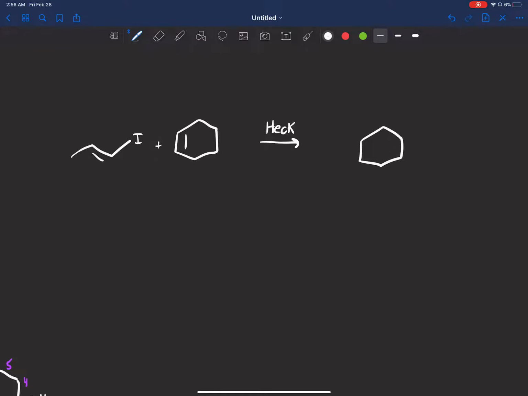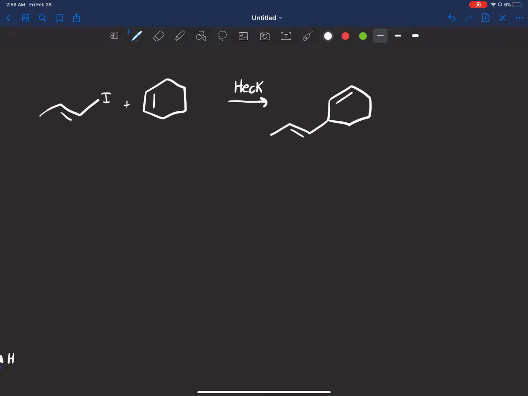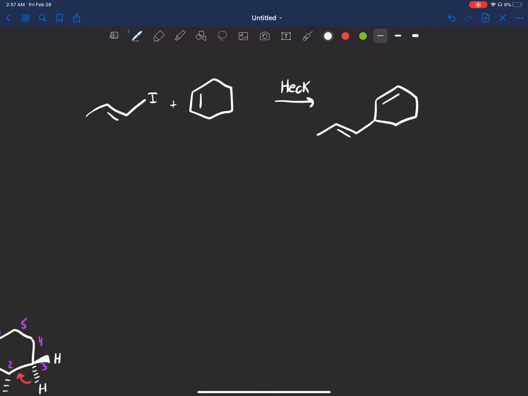We're going to add this group, and a double bond is going to go here instead. It looks like it shifted away, or as if my group bound to some other spot. What we can do is find a way to get this product, what we intended. All right, so that's how we're going to work our way around it.